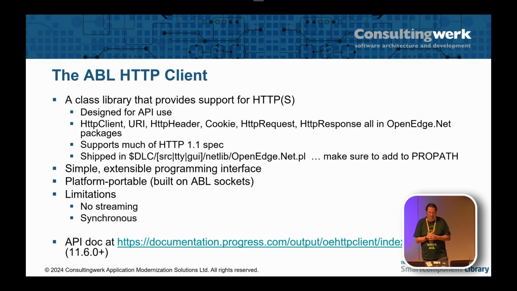So then there's the ABL HTTP client, available since 11.5 or 11.6, with some bugs, and starting 11.7 is actually a useful tool for making REST requests. It's not very fast.